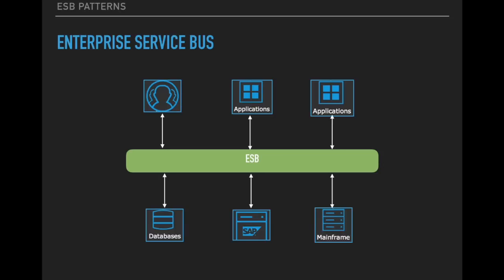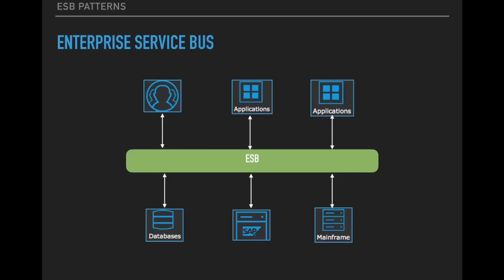This is the same thing we saw in the last slide, and here you can see there is an ESB layer which works as a middle layer, and we connect everything to it. What happens if in future we get a cloud application or a mobile application?